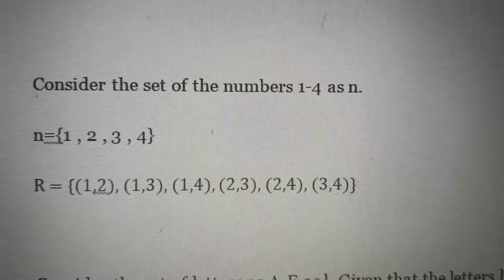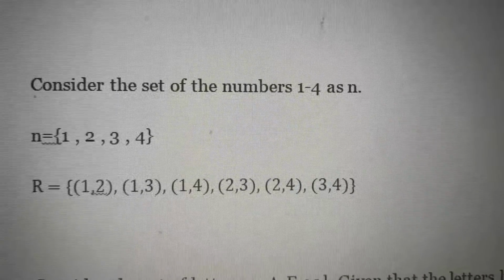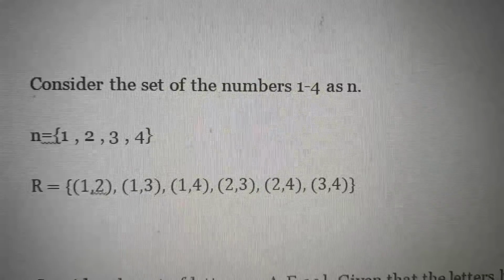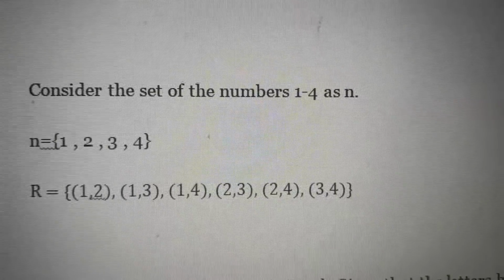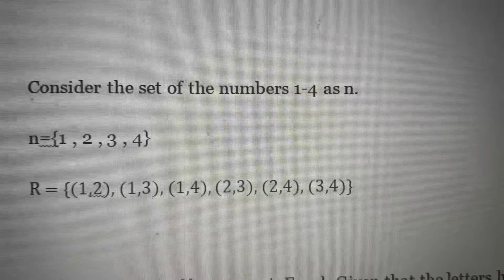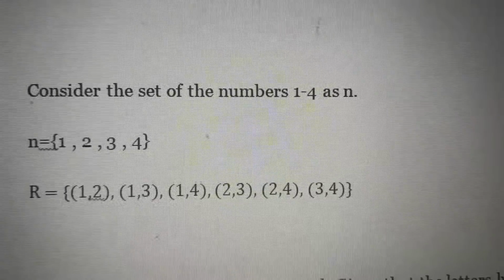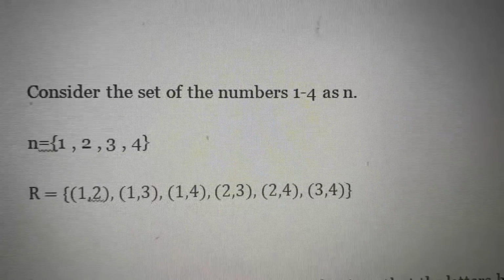So our R is (1,2), (1,3), (1,4), (2,3), (2,4), and (3,4). Tulad din siya nung sa reflexive, ngunit tinanggal natin yung (1,1), (2,2), (3,3), and (4,4).